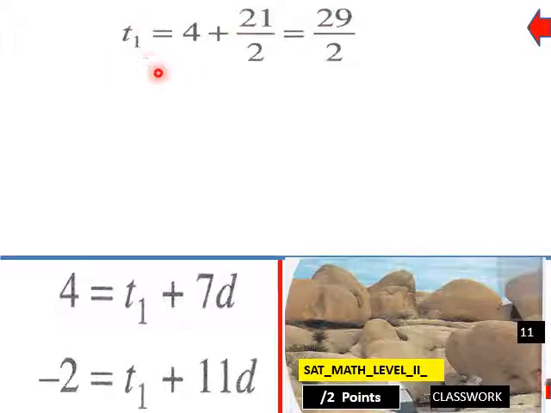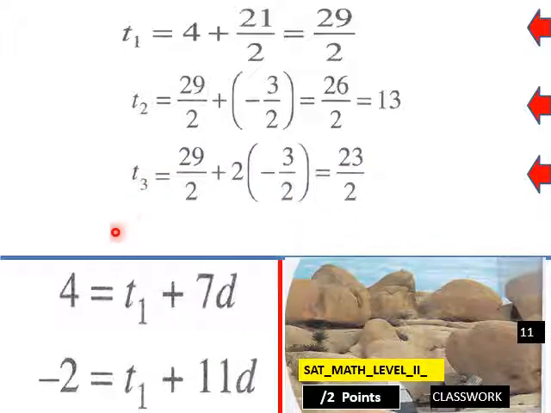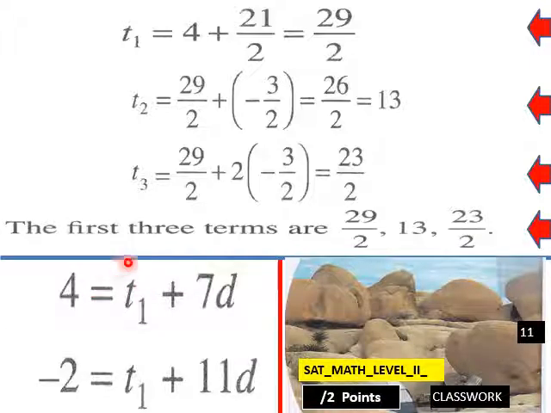Term 2 would equal 29 over 2 plus -3 over 2, which is 26 over 2, or 13. Term 3 would be 29 over 2 plus 2 times -3 over 2, which equals 23 over 2. The first three terms are 29 over 2, 13, and 23 over 2.